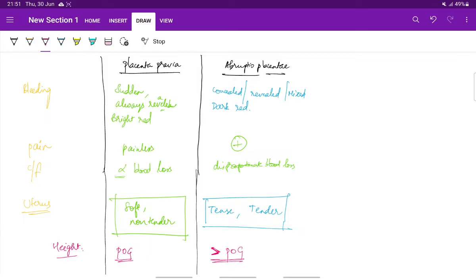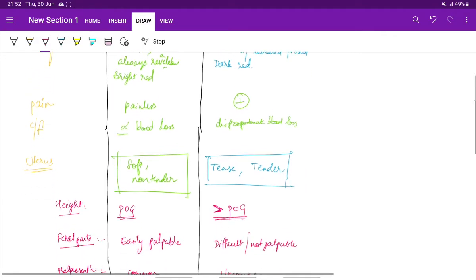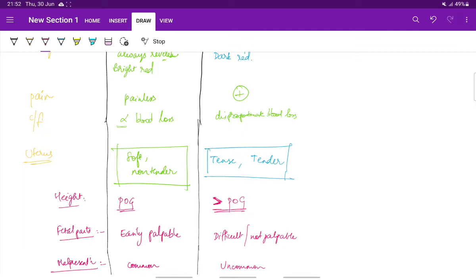And coming to the clinical manifestations, which are proportionate to the blood loss in case of placenta previa, whereas the clinical manifestations are very much disproportionate to blood loss in abruptio placentae. Next, the important point is about the uterus. Uterus is soft and non-tender in case of placenta previa, whereas the uterus is tense and tender in abruptio placentae.